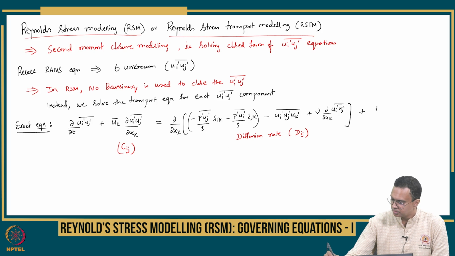So we have this p prime by rho, and then the strain rate fluctuations, which is dou ui prime by dou xj plus dou uj prime by dou xi.